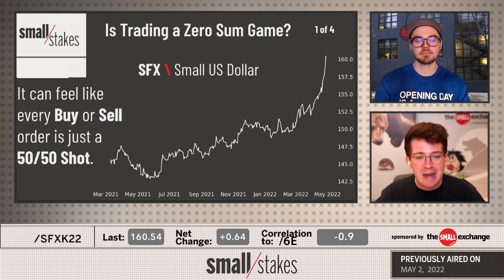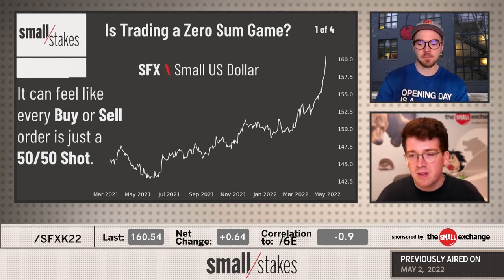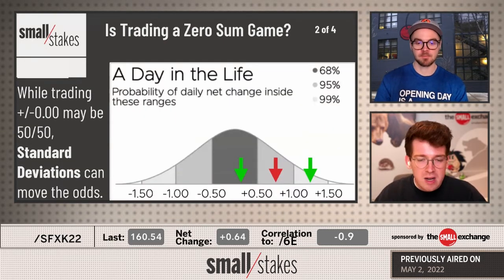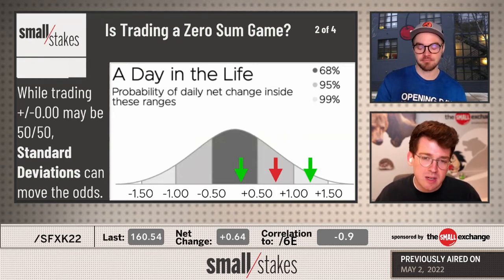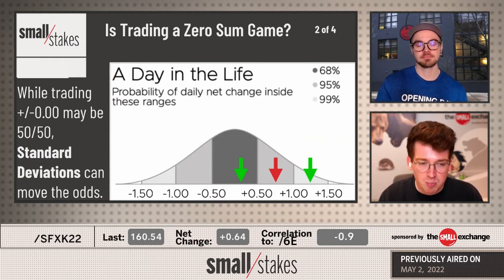But how do we get past the feeling of every buy or sell just being a 50-50 shot in futures? We'll get to options in a second. But in the futures space, we compute these standard deviations. We update these values every single week and send them to our community members so that you get some of that edge. Because the idea to me, Mikey, is that buying or selling unchanged, or 0.00, is probably 50-50.